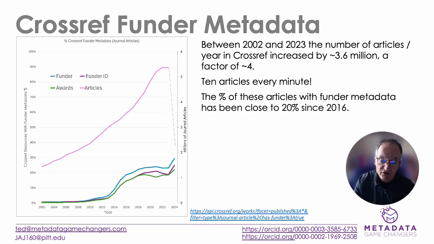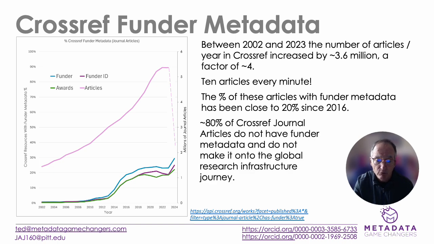The percentage of these articles with funder metadata has changed considerably over time, and thankfully it's increased quite a bit since 2014. But even with those increases, about 80% of the Crossref journal articles do not have funder metadata, and so they do not make it into the global research infrastructure data journey that we're discussing.